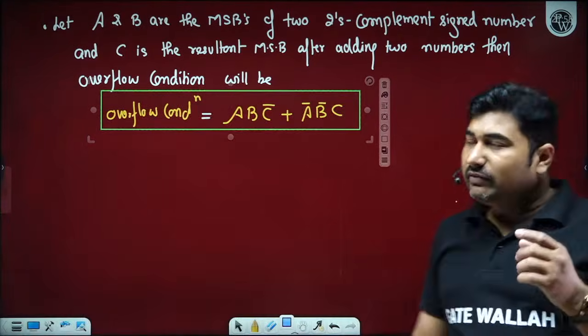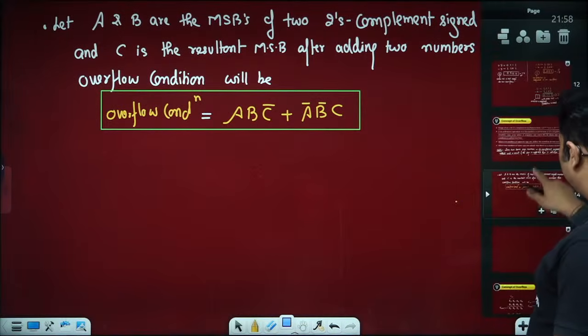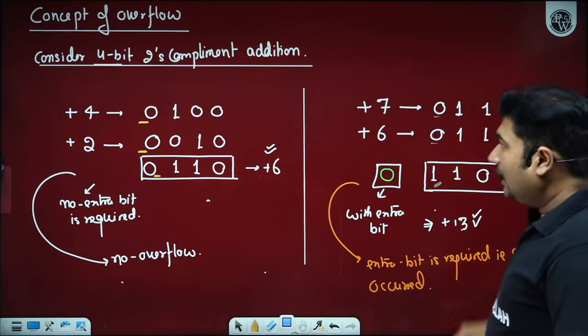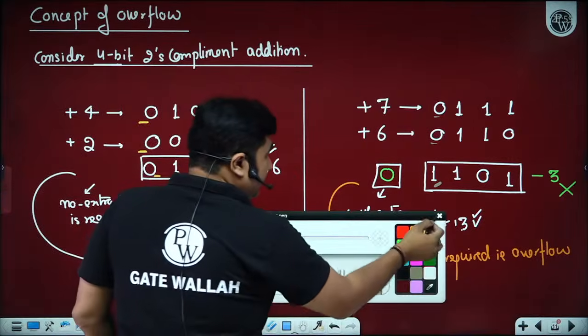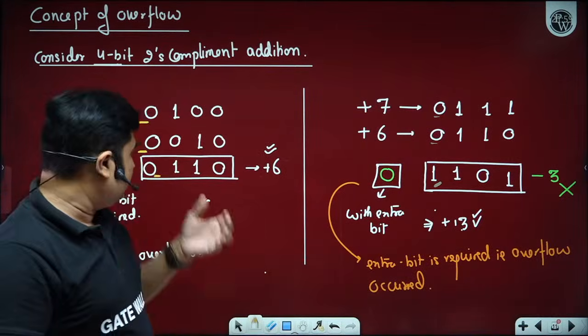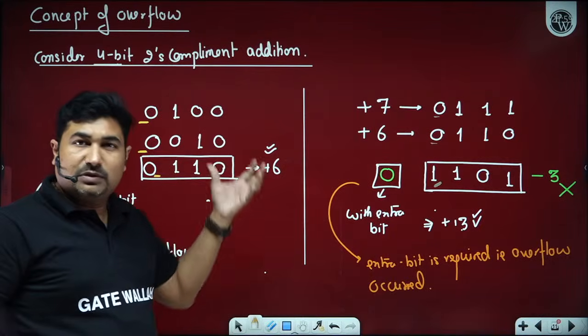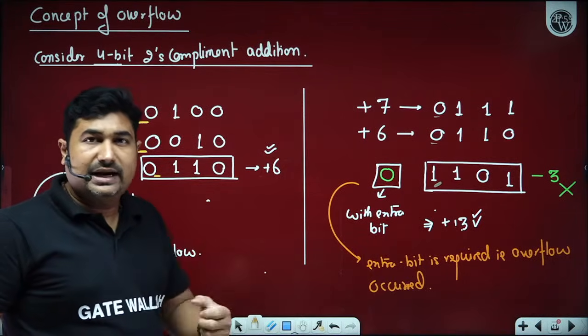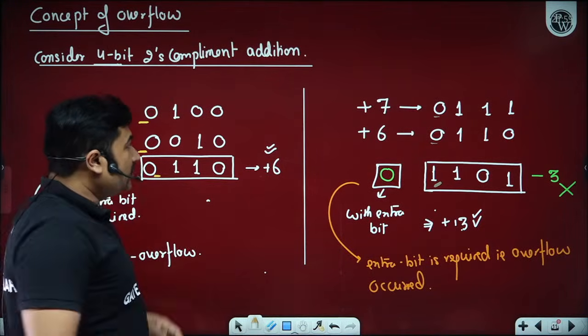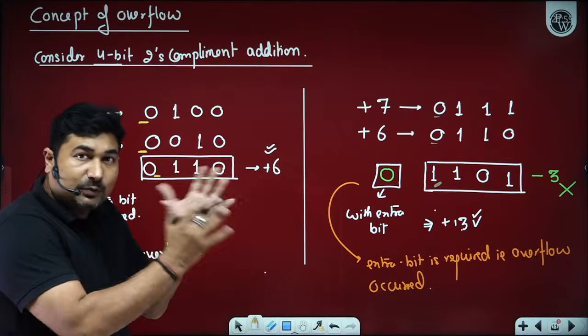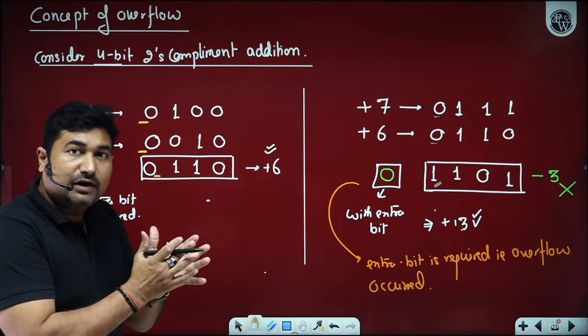Now, one more very important point, please observe here. How to identify overflow? Whenever we are designing any adders, we add a group of bits, in the serial adder, the parallel adder, the look ahead carry adder. Where we add a group of bits, there is a possibility of overflow.